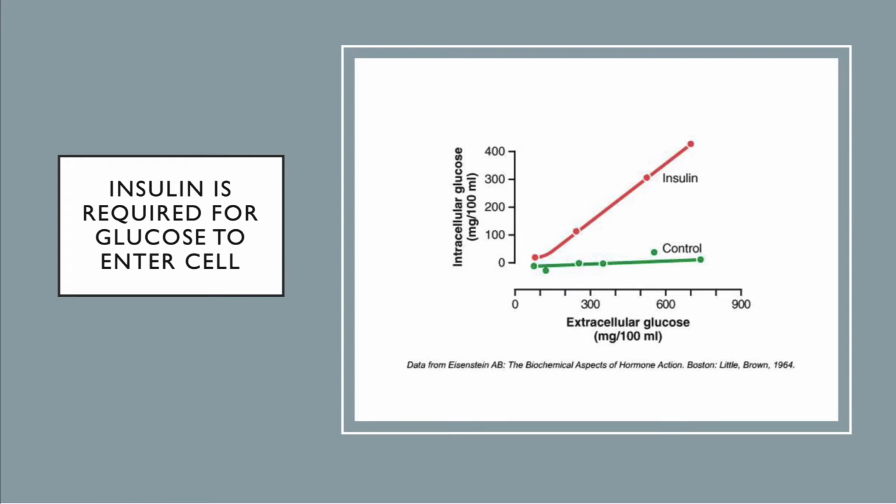In this animal model where they took out the pancreas, you can see that when they give sugar, it just builds up in the bloodstream, but none of it really goes in to the cells. The intracellular glucose concentration doesn't really change without insulin.